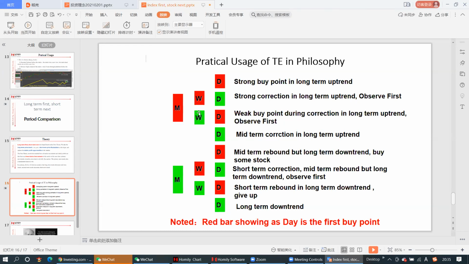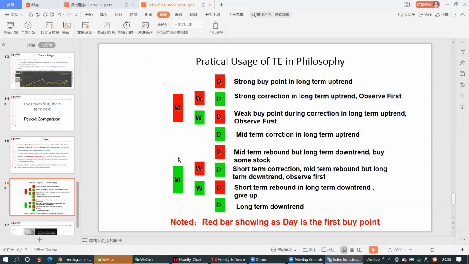As I said just now, long-term affects midterm affects short-term. So this is already a midterm correction, so we need to observe first. And even here, you see, both week and day are green, meaning it really is a midterm correction already. So observe first, wait for a good buy point. Don't simply buy, so you can avoid a lot of bad trades in the stock market.